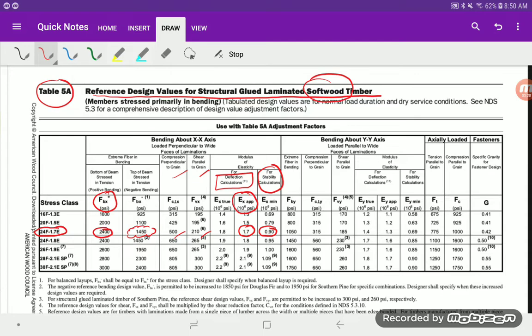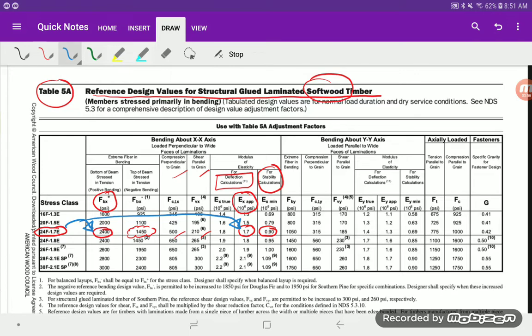But for now, 24F 1.7E is telling us that the reference value is 2400 and that the reference value for the Young's modulus is 1.7. That's the apparent Young's modulus. Okay, that's the first thing.